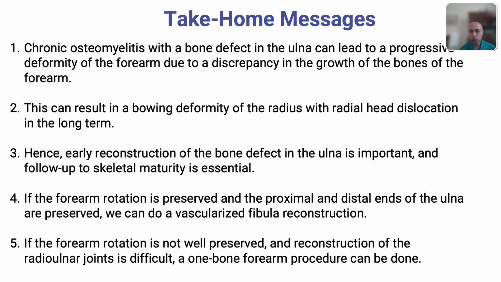And that can affect both forearm as well as elbow range of motion. So early reconstruction of the ulnar bone defect is important, and where it's not possible to reconstruct the bone defect or where the forearm range of motion is significantly affected, then you can consider a one-bone forearm procedure.